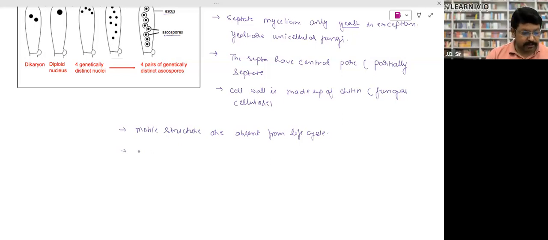Next, the majority of ascomycetes have a common mode of asexual reproduction, through formation of conidia. Is it legible, whatever I am writing?